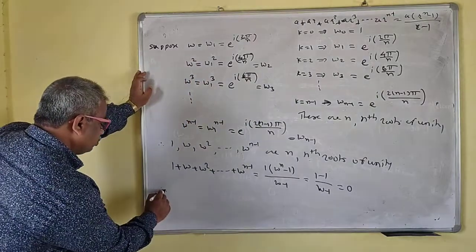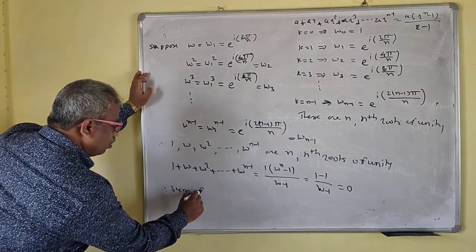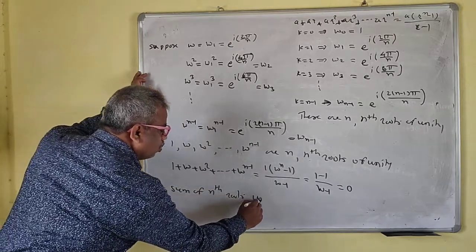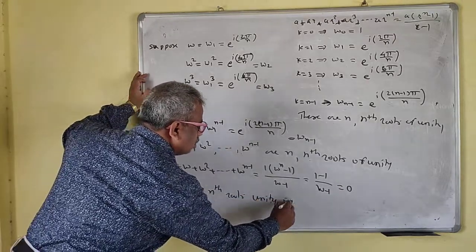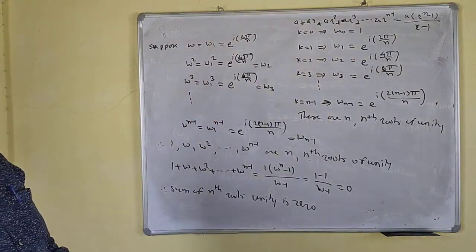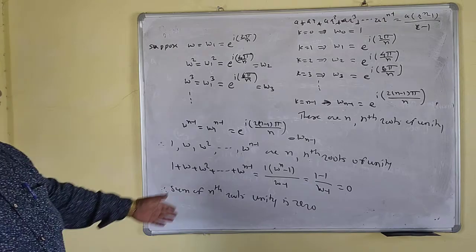So therefore the sum of nth roots of unity is 0. So if a question asks, show that the sum of nth roots of unity is 0, then do this.